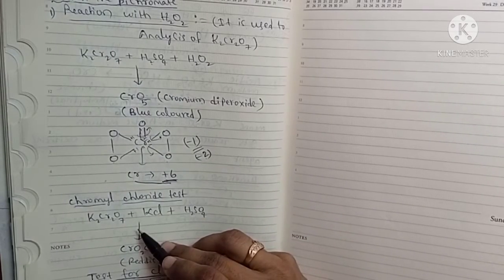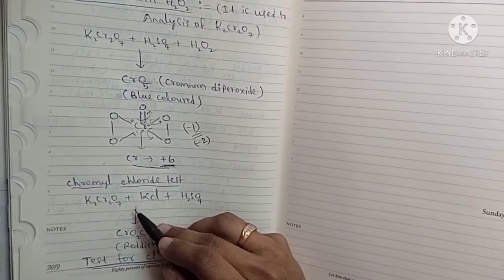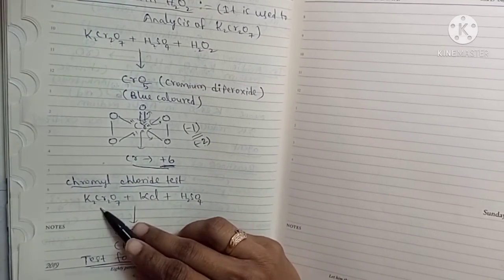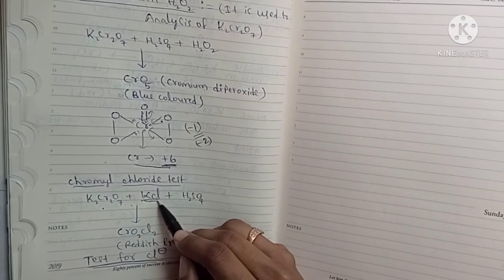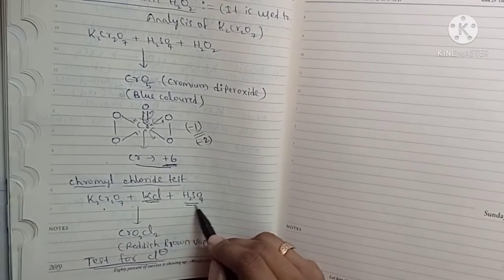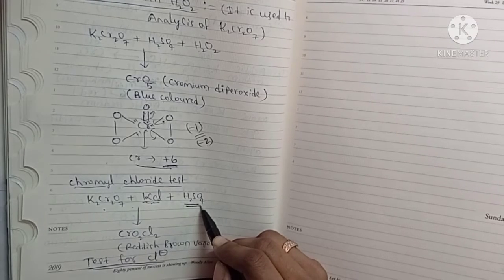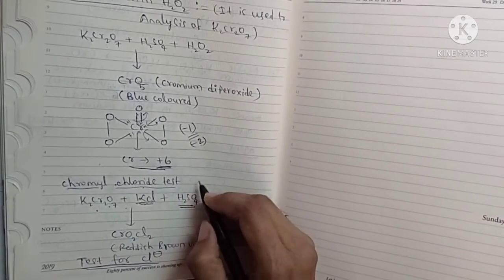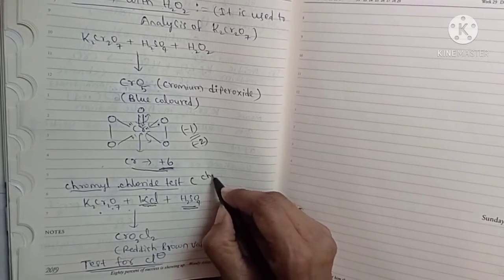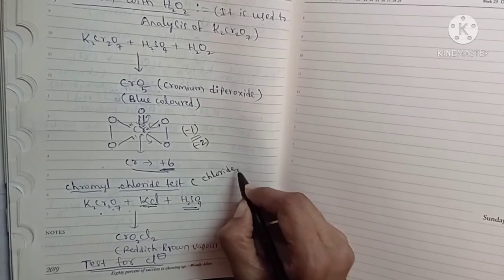And this is the chromyl chloride test. In the chromyl chloride test, K2Cr2O7 reacts with potassium chloride in the presence of H2SO4, an acidic medium. This reaction is used to test for the chloride ion.